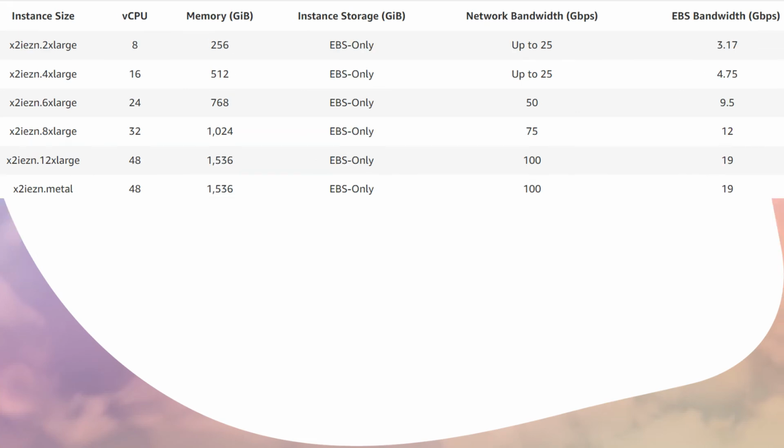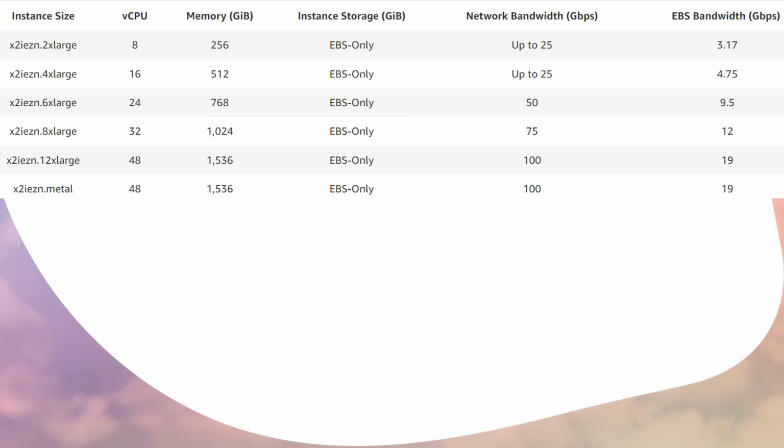Another in the X2 instance family is the X2 IEZN. So let's take a look at the 2X large. You've got 8 vCPUs that'll take 4 processor-based licenses from Oracle. It's going to get you a whopping 256 gig of RAM, but more importantly, 3.17 gigabits per second of EBS bandwidth. Now, let's contrast that back with the X1e 2X large before.